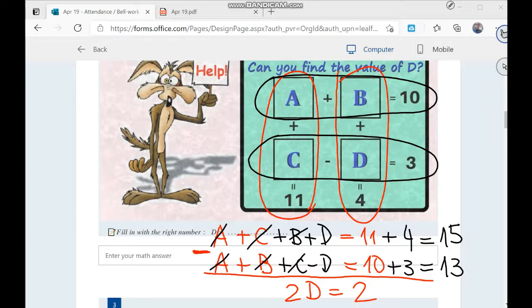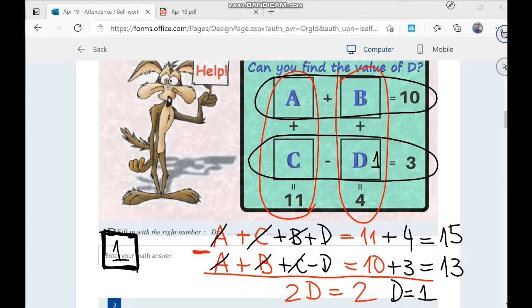That means D equals 1. So 1 is going to be the right answer. Again, you can find by calculating, but you can also find by trying, by guessing and trying to find the other numbers. If D equals 1, it's going to be easy to find the other numbers.